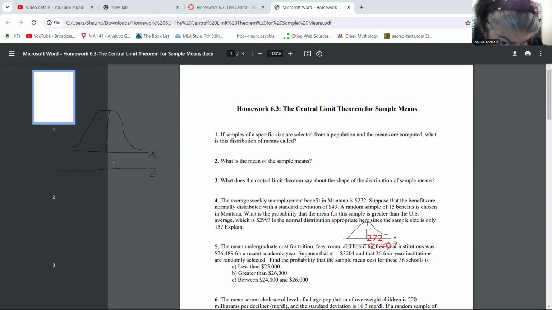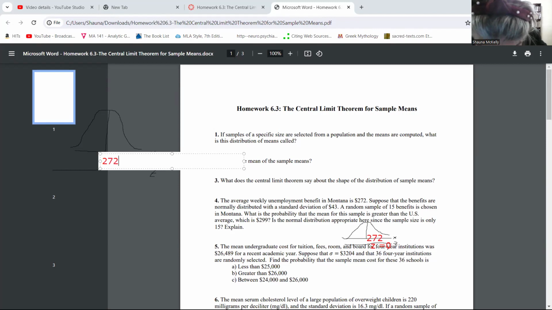We know this is 272 right here, and we know 299 is over here somewhere, so this line is here, going to the right of it.